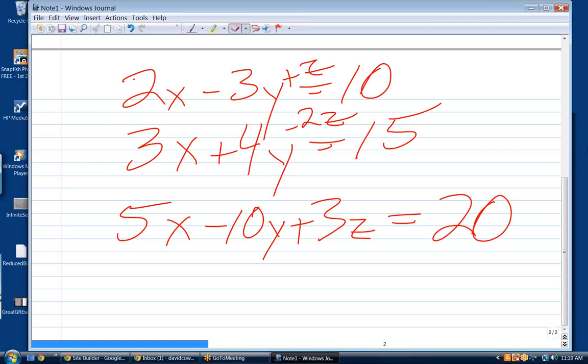Yeah. Okay. In other words, if I tried to solve this system of 3 equations and 3 unknowns in the normal way, it would take a long time. It would involve 5 steps. No, 6 or 7 steps to solve it. So matrices were essentially developed to solve these quicker.